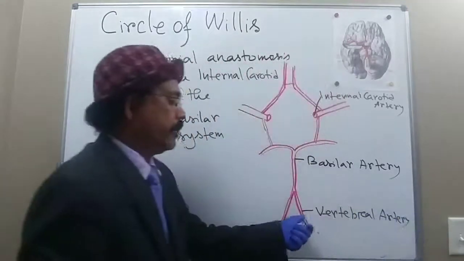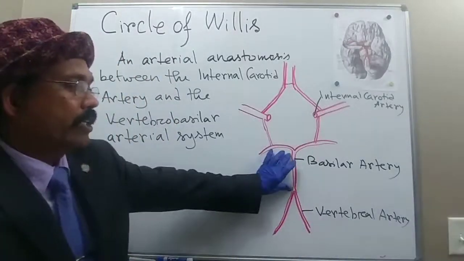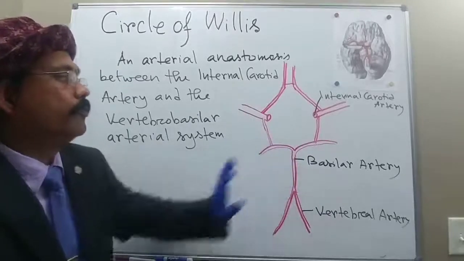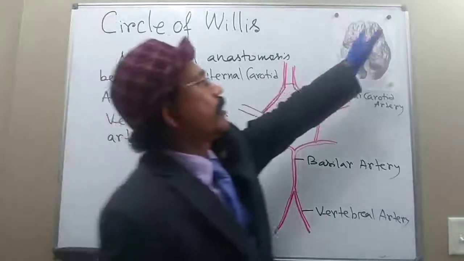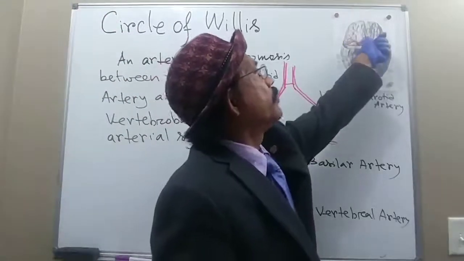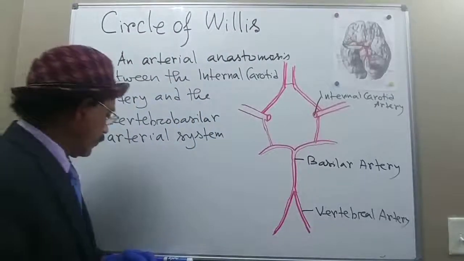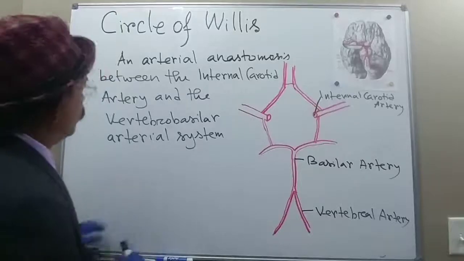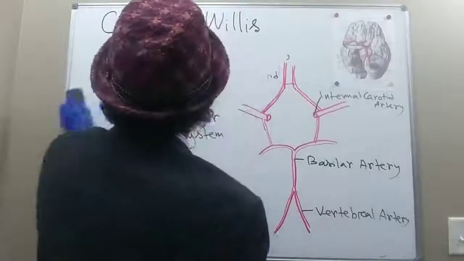This is one of the vertebral arteries, and this is another vertebral artery. They unite to form the basilar artery in the basilar fossa on the anterior aspect of the pons, and this structure is located on the base of the brain. You have to know the location of the circle of Willis, where it is located.